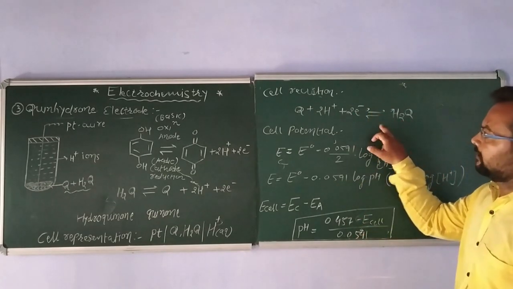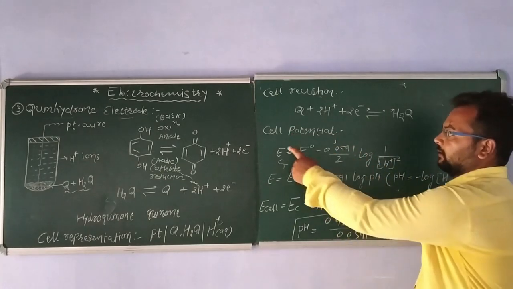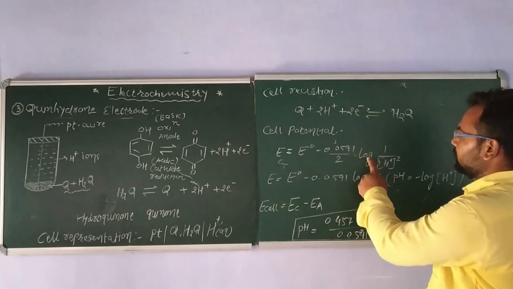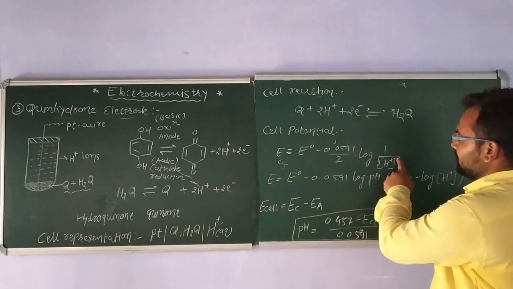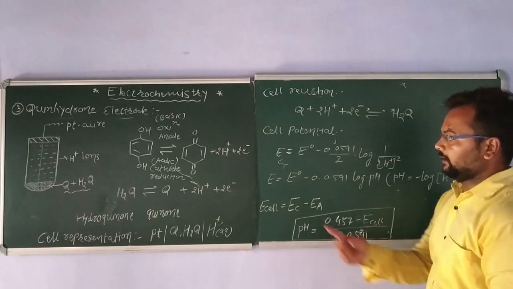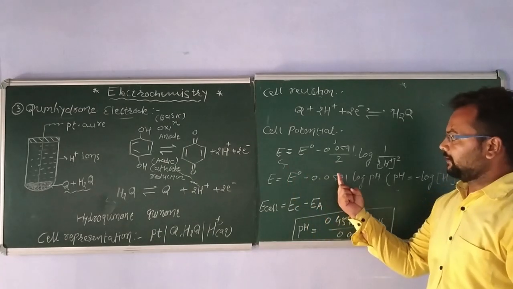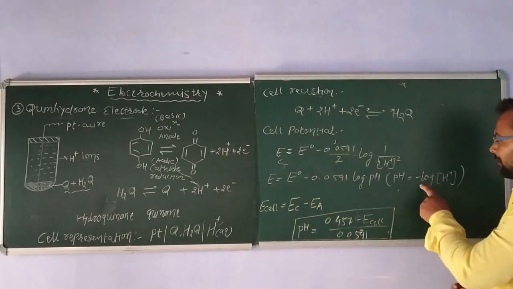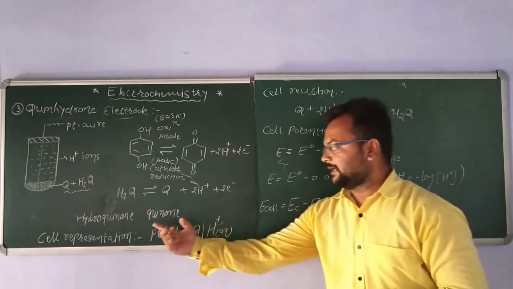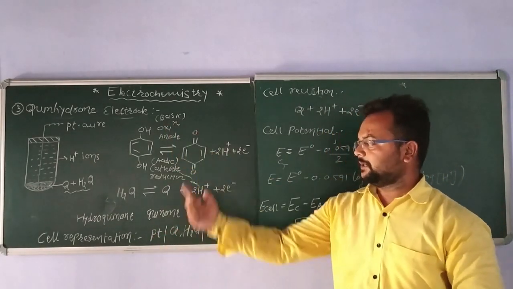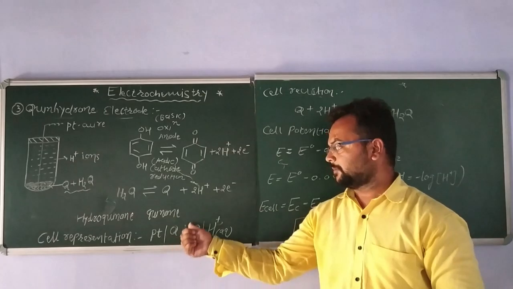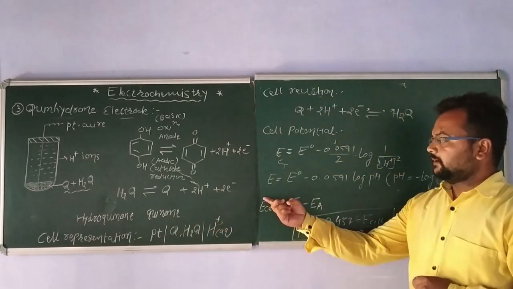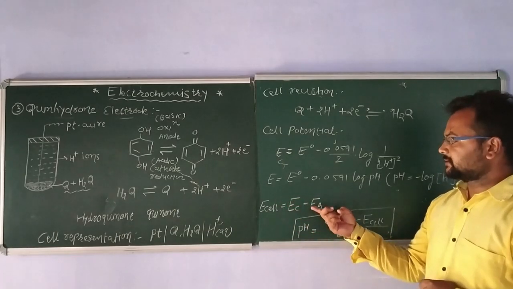From this reaction, the cell potential is E equal to E0 minus 0.0591 upon 2 into log 1 upon H plus squared, and E is equal to E0 minus 0.0591 into log pH, where pH is equal to minus log H plus. The cell representation of the Quinhydrone electrode is platinum | Q, H2Q | H plus in aqueous form. Now E cell is equal to E cathode minus E anode.